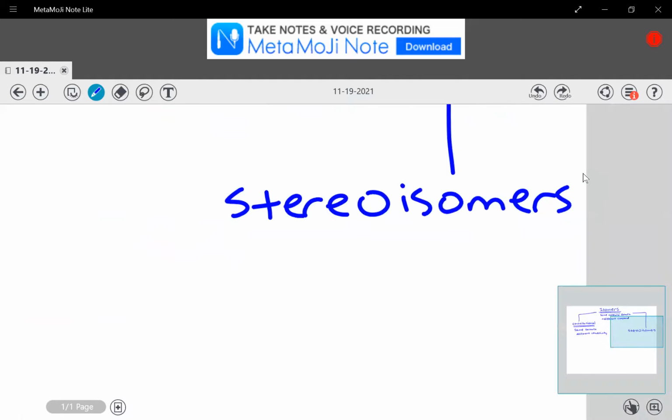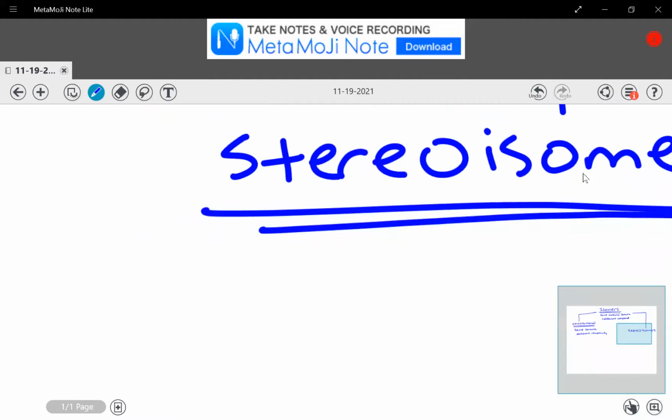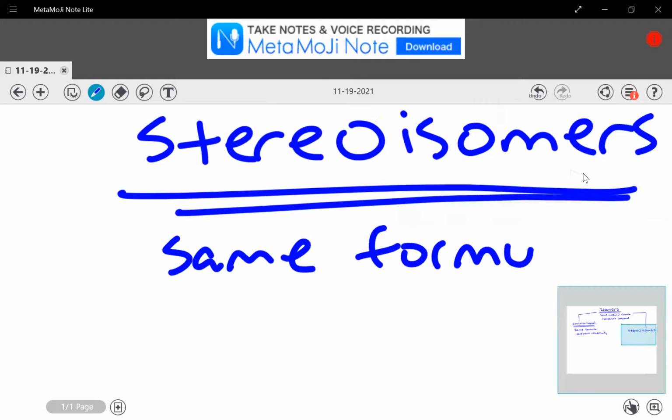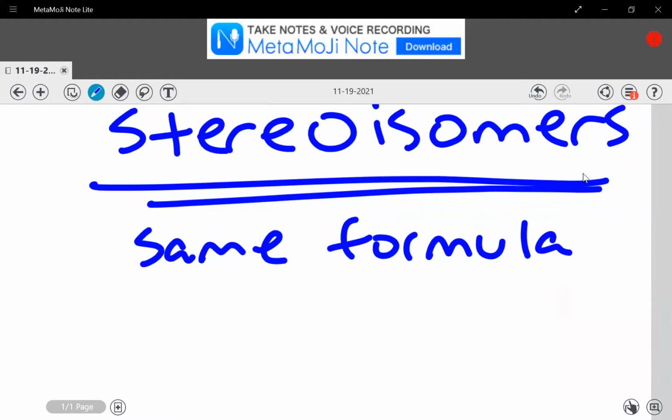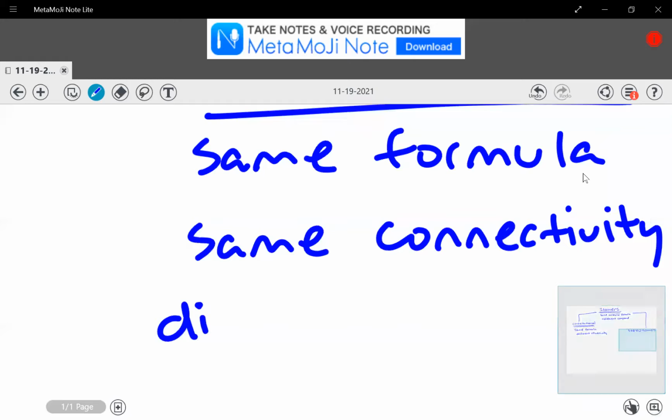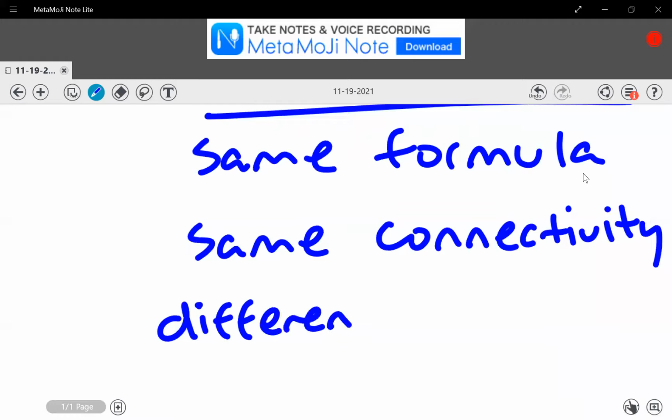Wait, forgot to underline it. Same formula, same connectivity, different. You know what? Let's not call it arrangement. Let's call it... Actually, arrangement's a pretty way of saying it. It's like how you place the stuff.